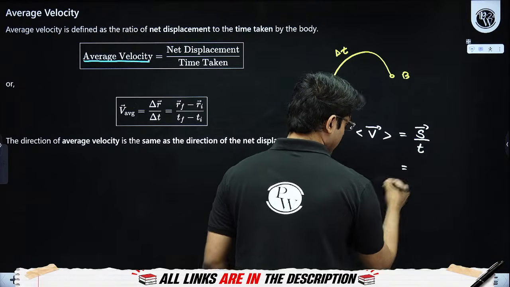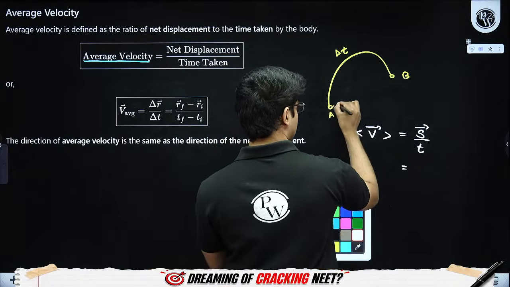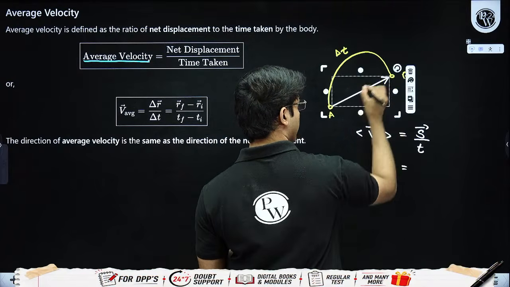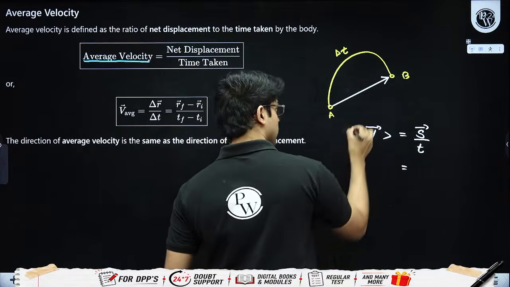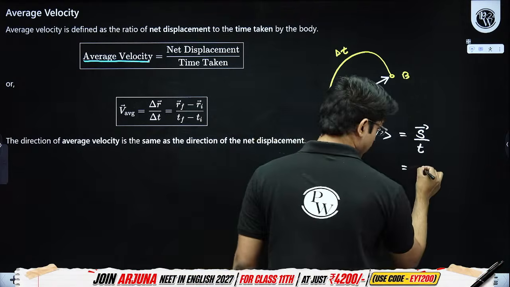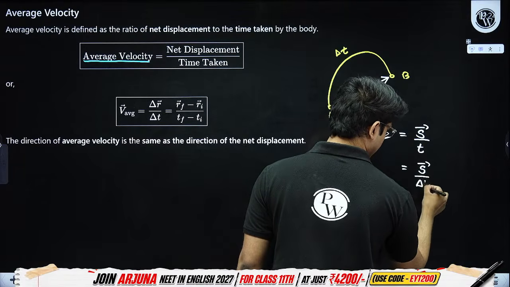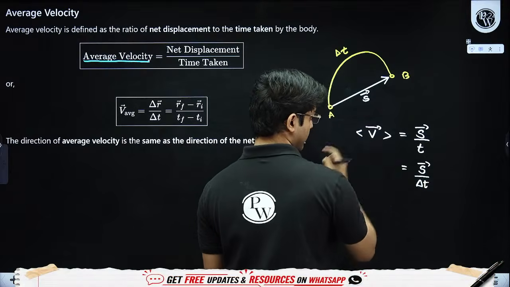Displacement is the vector connecting the starting point to the ending point. So this white vector is the displacement vector. That displacement vector divided by the time taken in the journey is the average velocity.